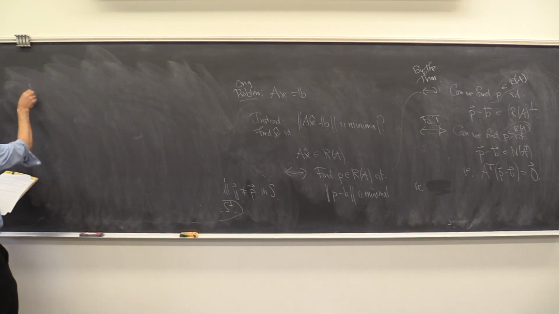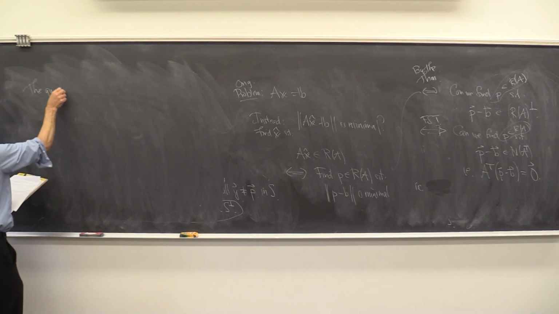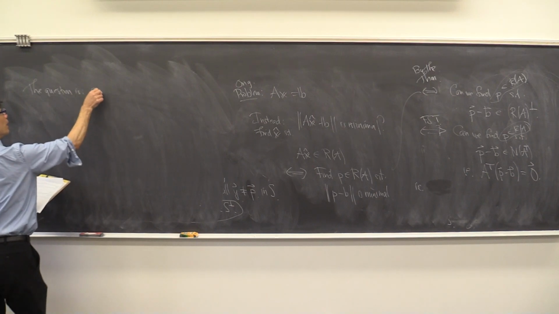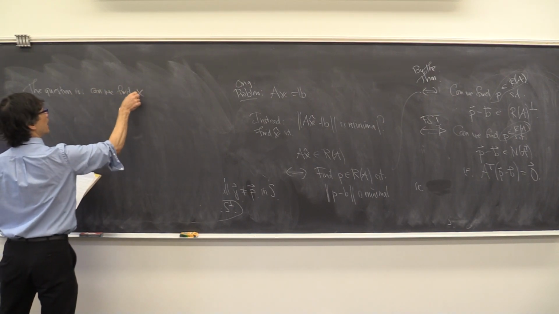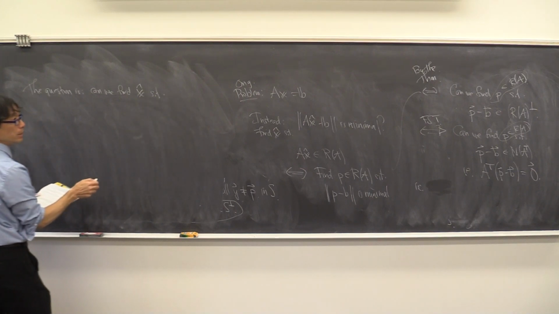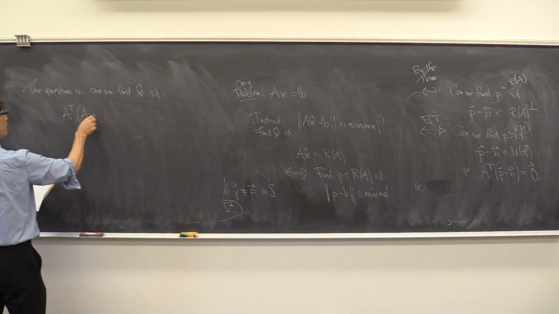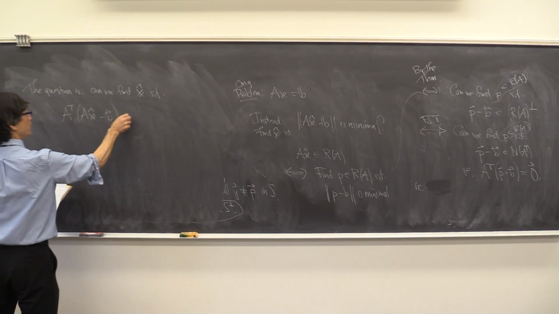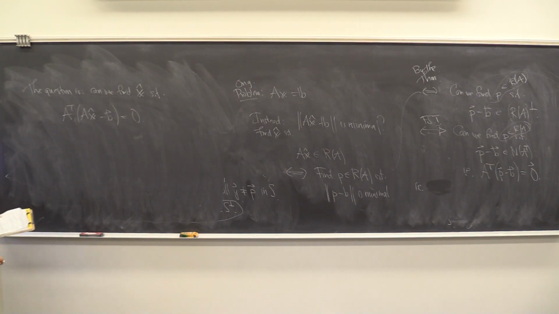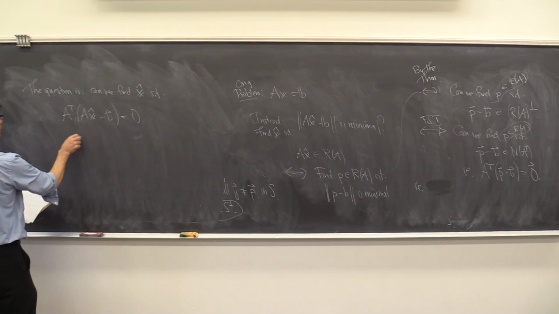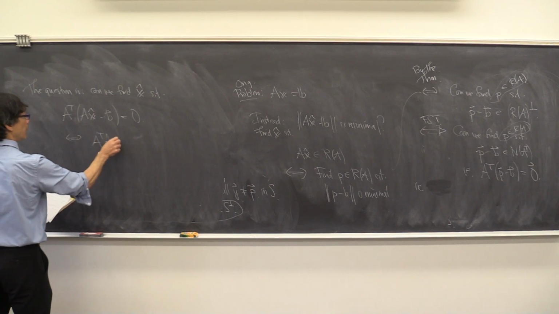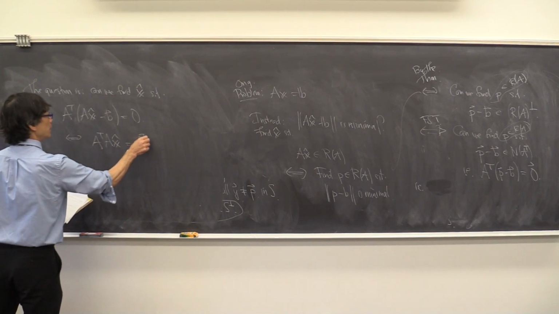So the question is, can we find x hat such that AT A x hat minus B equals 0? Which is the same thing as saying that AT A x hat equals AT B.